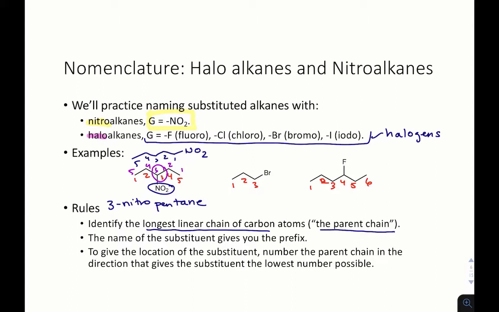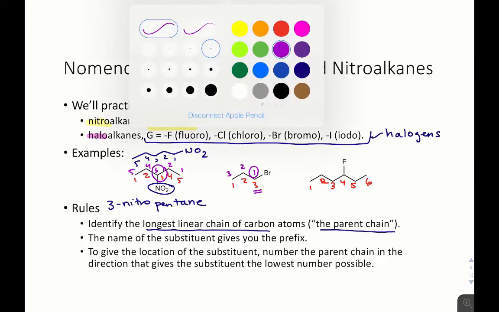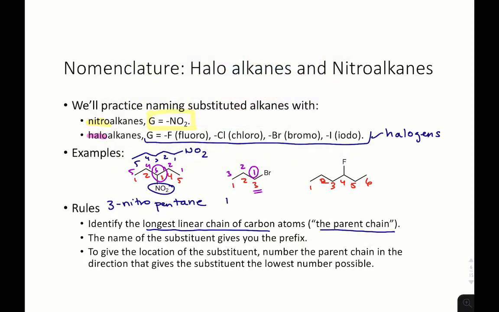Now that's not the case for the next molecule. For the next molecule, if I number from left to right, I would get a 3-bromo. But if I number from right to left, I'm going to get 1-bromo. We are going to number the chain to give the substituent the lowest number possible. So this chain will be numbered from right to left as drawn and be called 1-bromopropane.